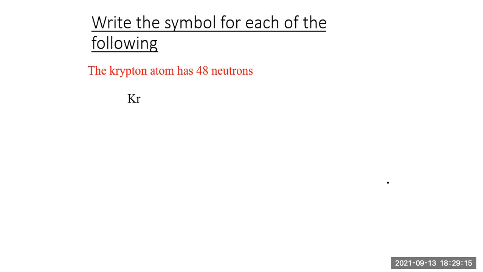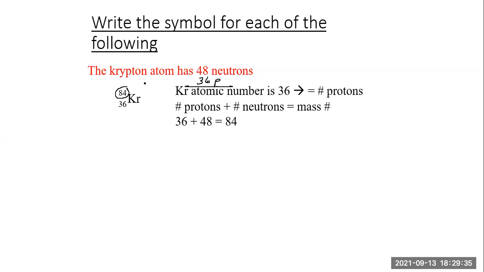That number should go on the bottom left, and that would be 36. In this case, 36 protons plus 48 neutrons gives us 84, which is the mass number that should go up on top. Any questions on that one there?